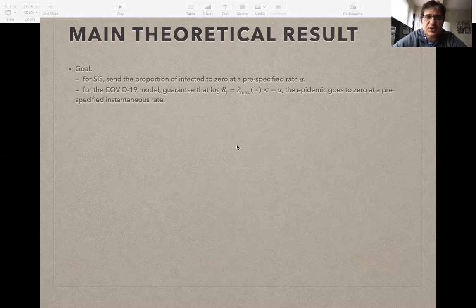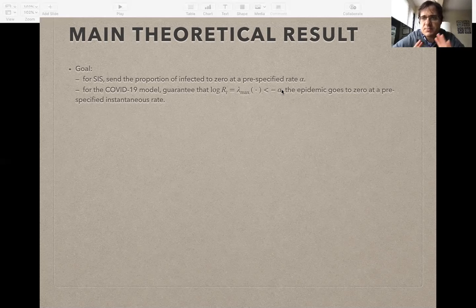So we're going to guarantee that the reproduction ratio is always upper bounded by something. In this case, you can write the reproduction ratio as related to the largest eigenvalue of a certain matrix. And since we're working in continuous time, we're going to have the log of that be upper bounded by some negative number, negative alpha. And alpha is what we're going to refer to as the rate.